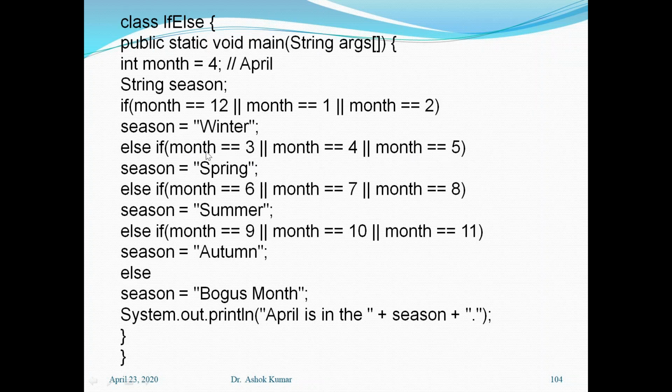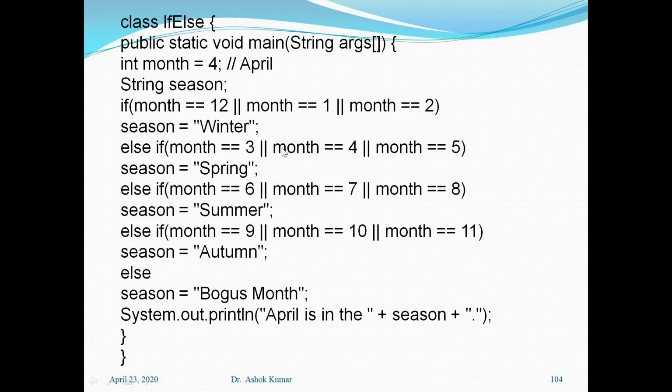This condition will be evaluated first. Month 4 is equal to 3, which evaluates to false. Then it will go to the next condition. Month is equal to 4, which is true. If a condition is true, the rest of the conditions are not evaluated in case of a short-circuited OR operation.